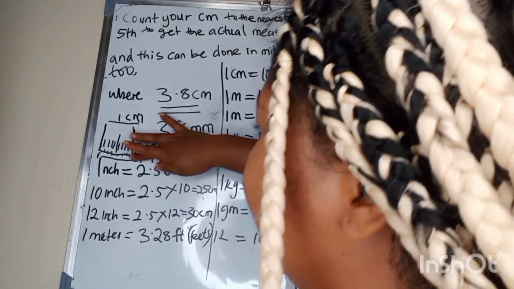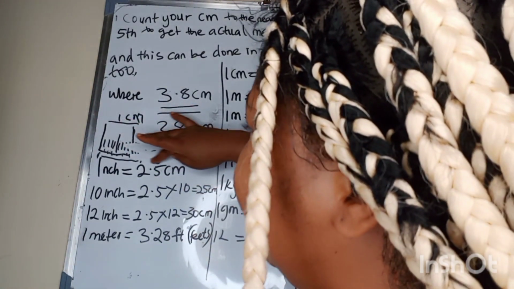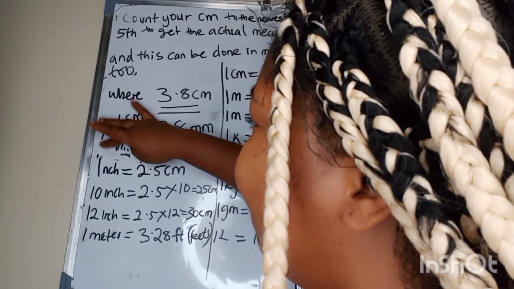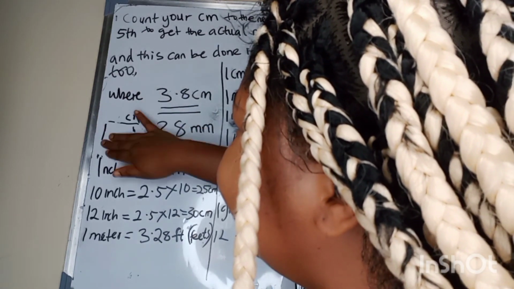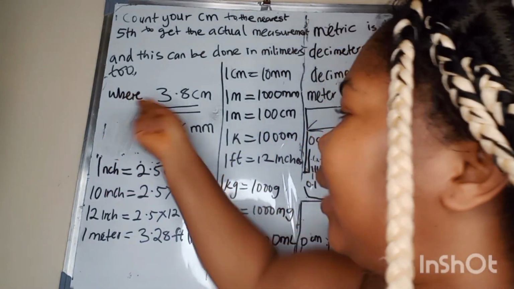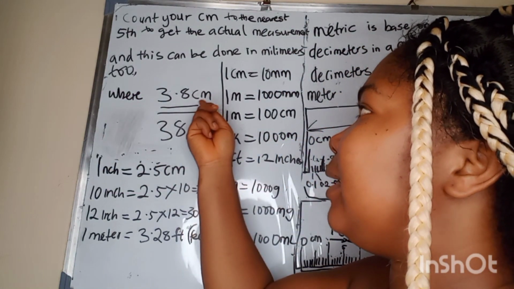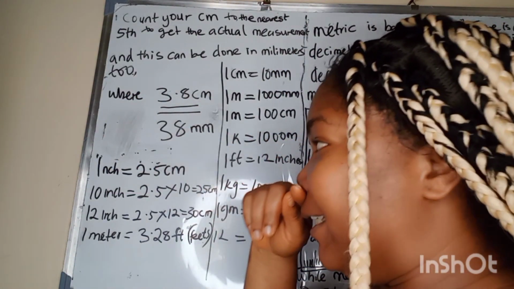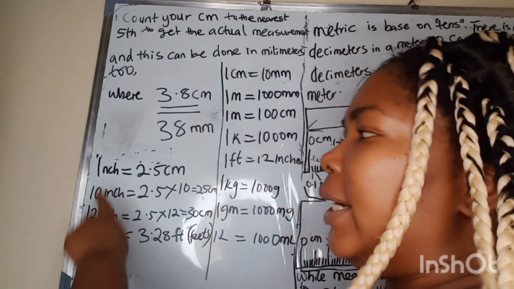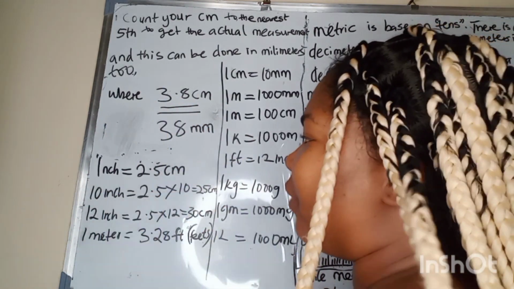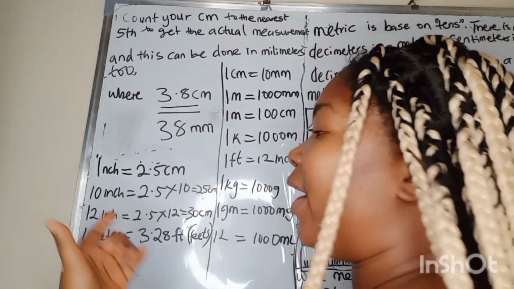All right, so let's go back to what I was about to explain before that happened. You can see now that 3.8 centimeters equals 38 millimeters, that is what you're supposed to do initially. Now 1 inch equals 2.5 centimeters.